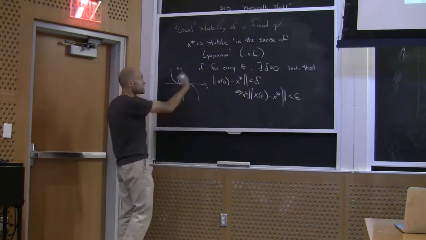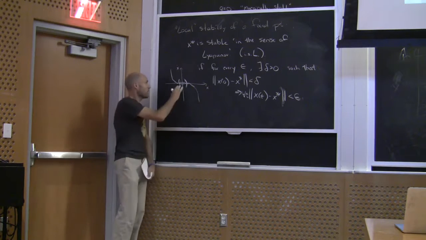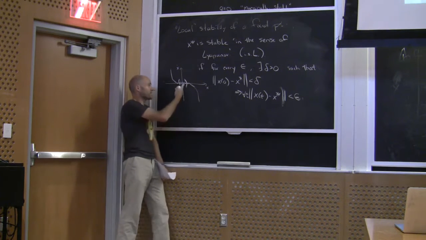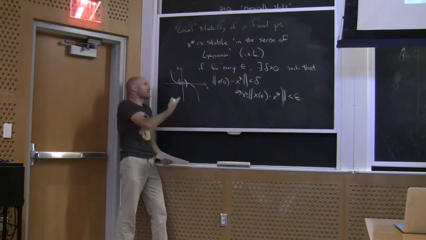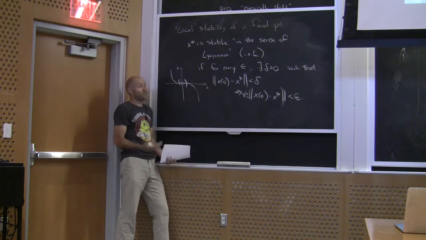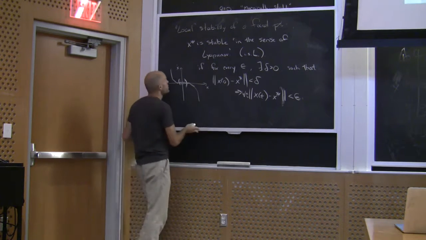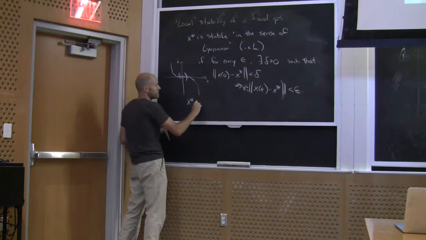So there's more definitions at play though. You want to somehow be more expressive than that, because that's stable in the sense of Lyapunov, but it's not really stable to everybody. There's clearly things that I could ask for that are more than that. Let's say I wanted to actually get to the origin at some point. So there's a definition of actually getting to the origin.